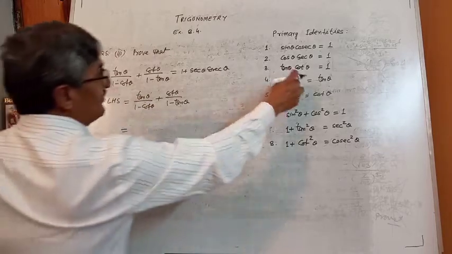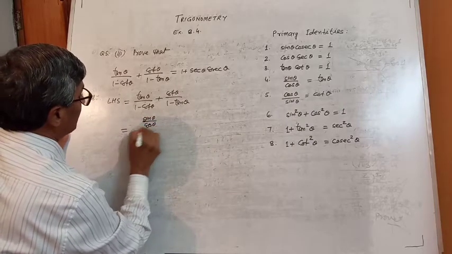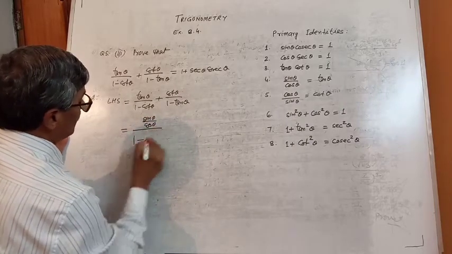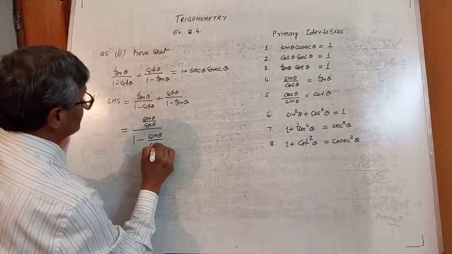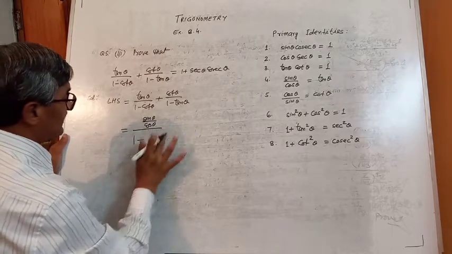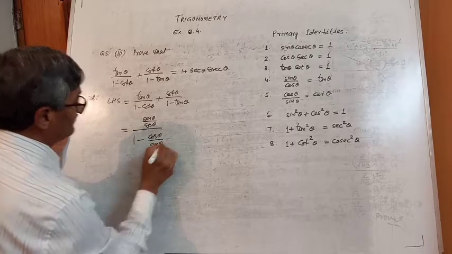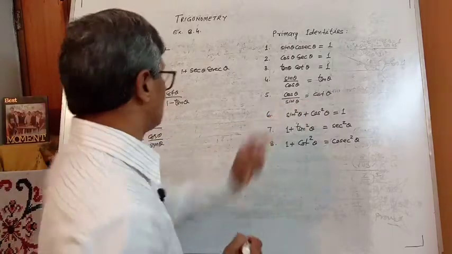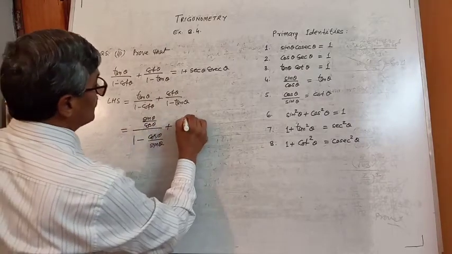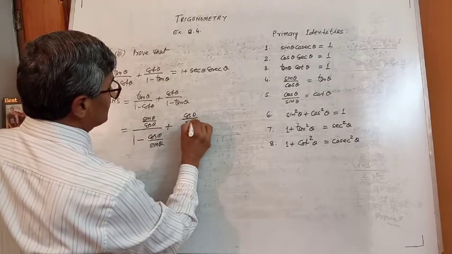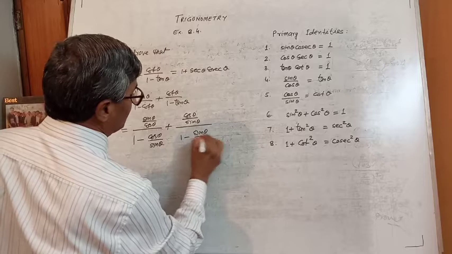So we can write from here, sin theta upon cos theta whole upon 1 minus cos theta upon sin theta, because cot theta is equal to cos theta upon sin theta, plus again cos theta upon sin theta whole divided by 1 minus sin theta upon cos theta.